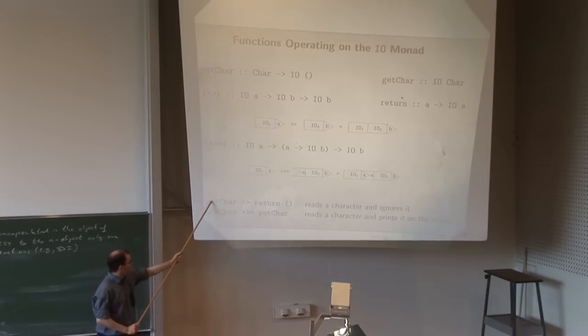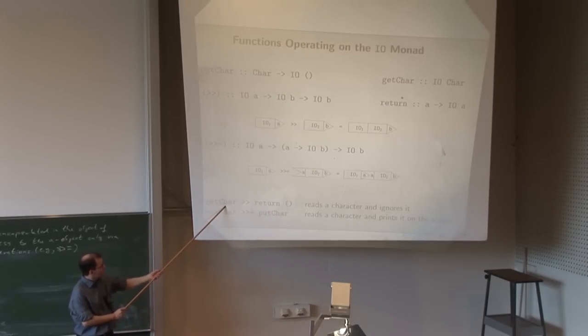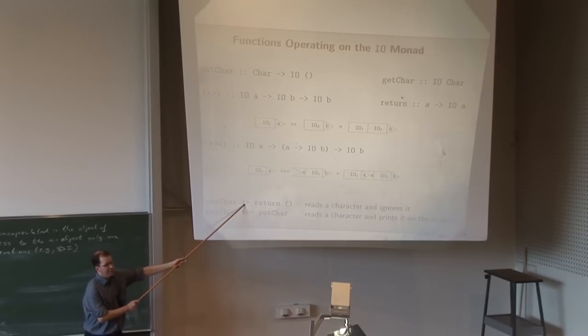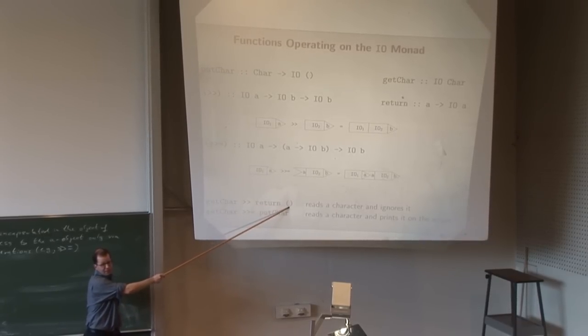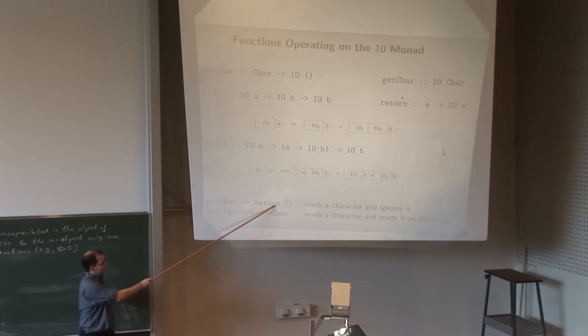So here are two examples. If you write this, then the result is an action which first reads a character, but since we have then and not bind, the value of this character is ignored, and then you do the empty action where you encapsulate the empty tuple, and that's the sign for an output action. So this is the empty action.